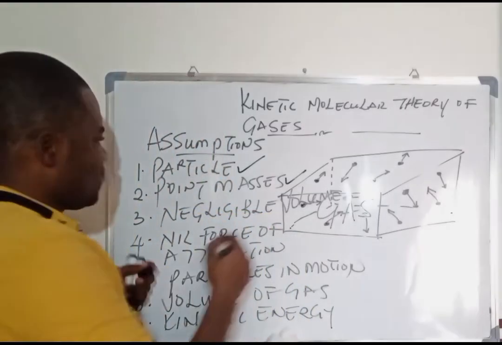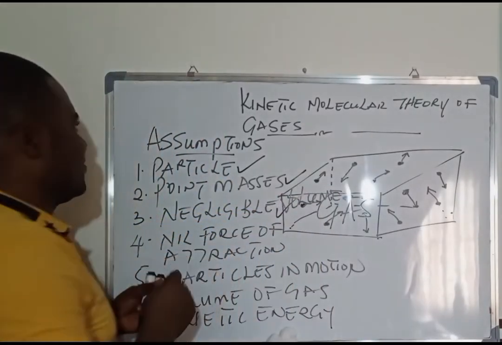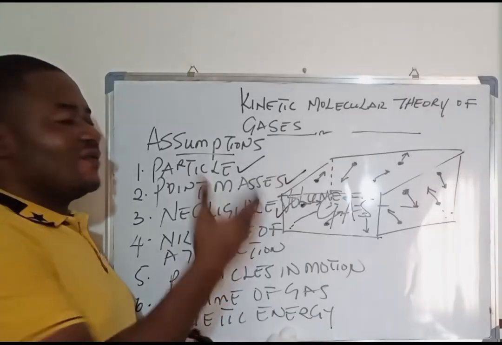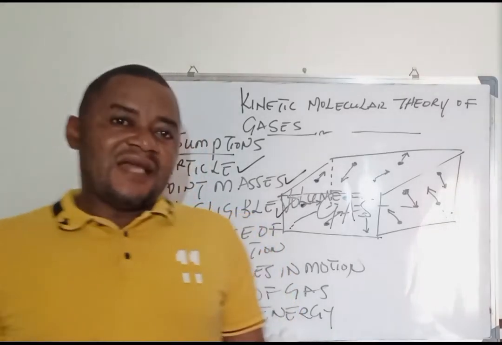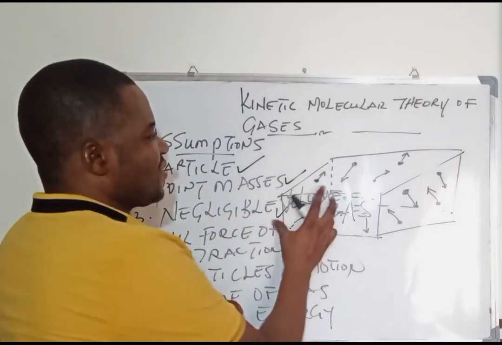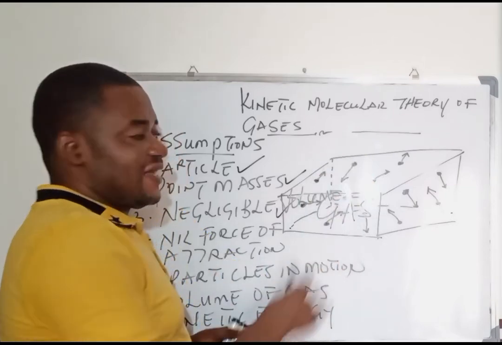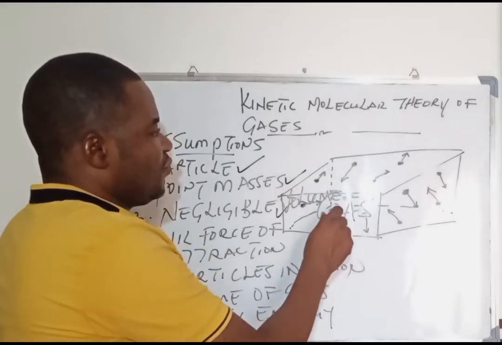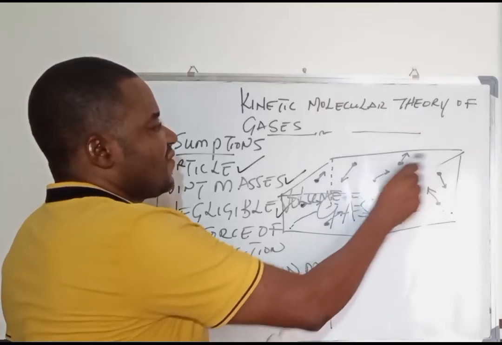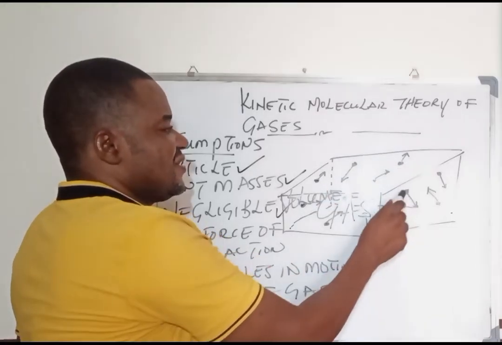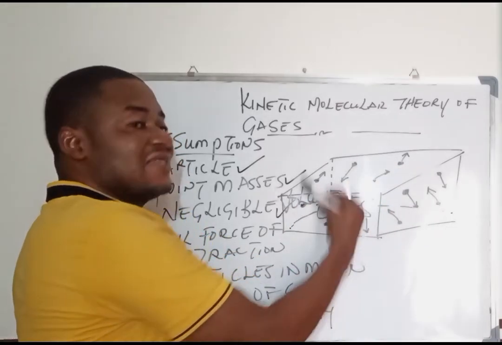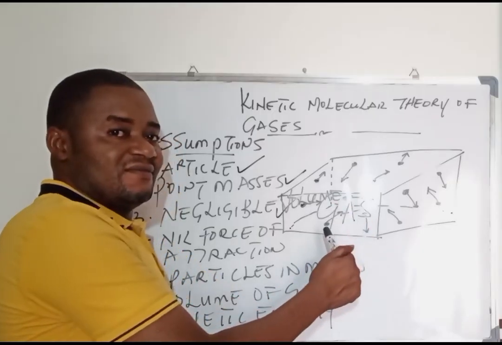Now the third assumption was negligible volume. Now I want us to know that if you take a look at this container where there is gas inside, the volume to which the particles of the gas possess is not the same as the entire volume of the container.